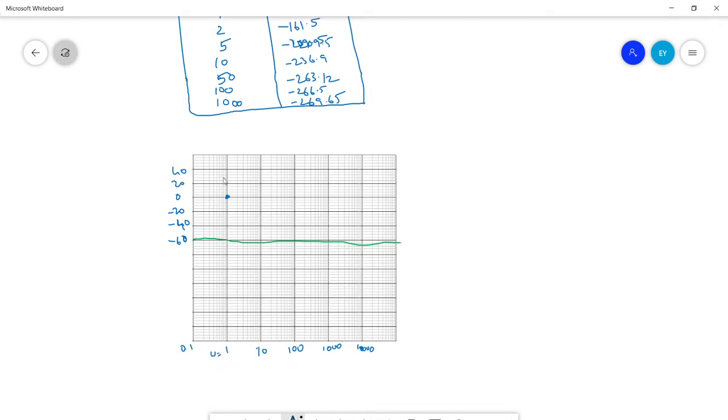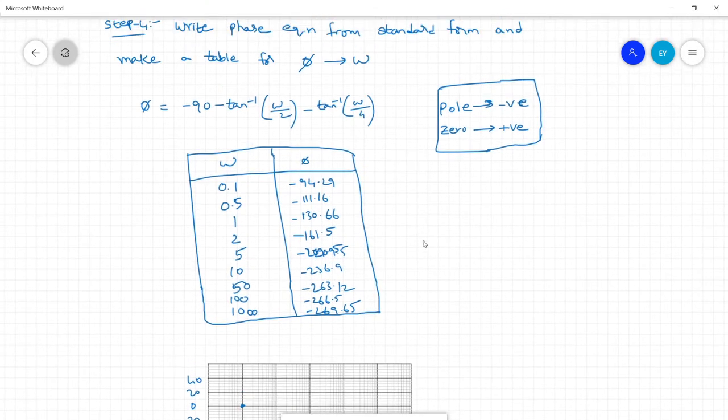Then what happened is we just calculated at omega is equal to 2 and omega is equal to 4. Omega is equal to 2, what we got is minus 20 dB, right? At omega is equal to 2, the resultant we need to check. We'll just go through that step again and show.